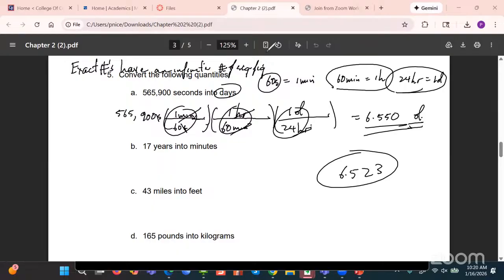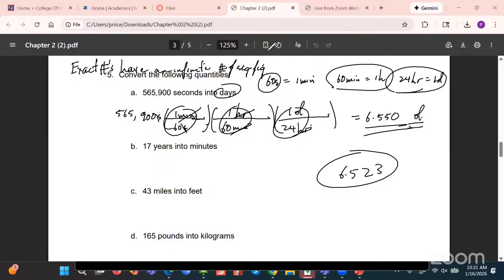One of them is numbers obtained by definition. So for example, the relationship between the second unit and the minute unit, that's an exact relationship because it's a defined relationship between seconds and minutes, or between minutes and hours, or hours and days, and so on. Those are exact numbers, because those numbers are obtained by definition.